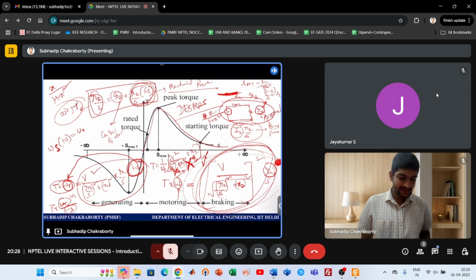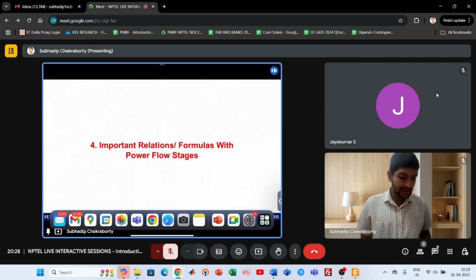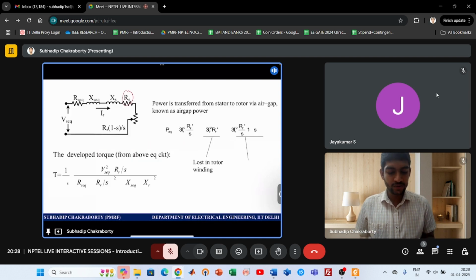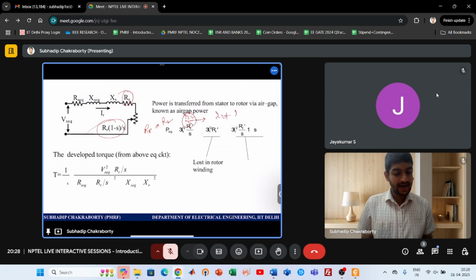And we go to the important relations and formulas, which you must have seen in the lecture also. So I will not press upon those much, but you need to know that I can split the rotor resistance R2, as R2 by S was there, as R2 plus R2 into 1 minus S by S. This part I call mechanical, and this part I call rotor loss.